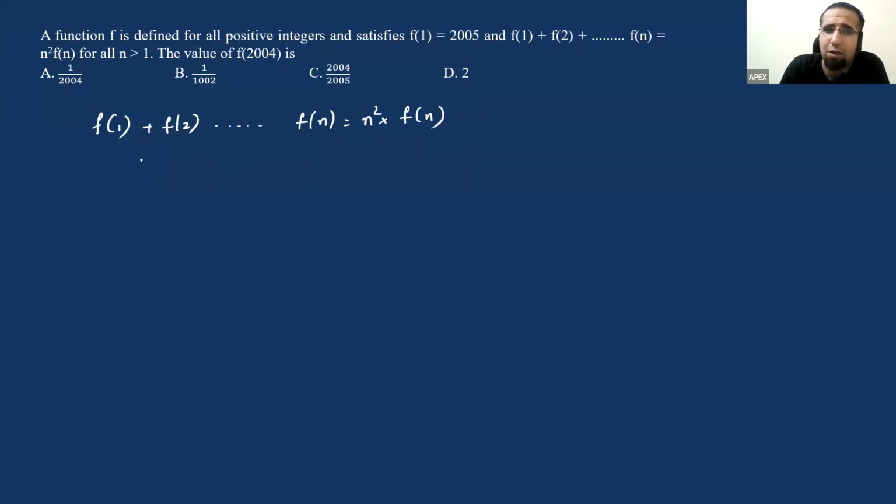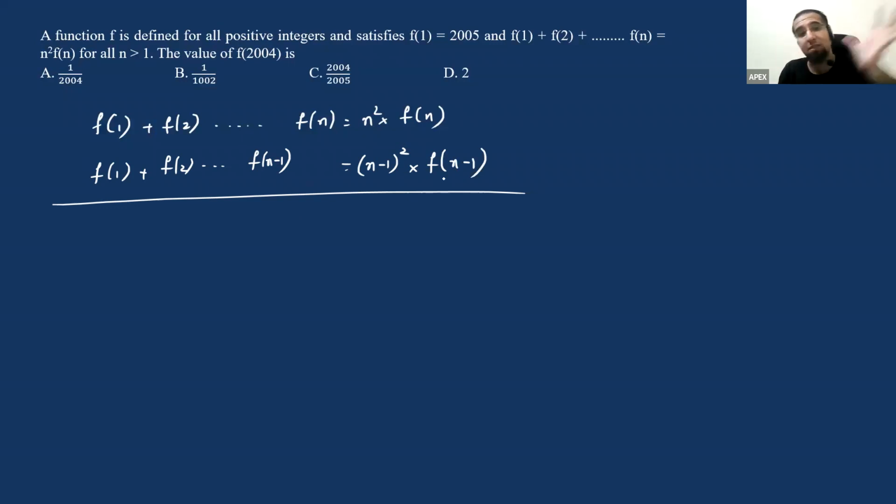Now, whenever you have such long functional equations, always replace n with n minus 1, so that you can cancel the remaining part. So the sum becomes f of 1 plus f of 2, and so on till f of n minus 1, equal to n minus 1 whole square into f of n minus 1. Instead of n, I'm writing n minus 1. So the best part to do is subtract them.